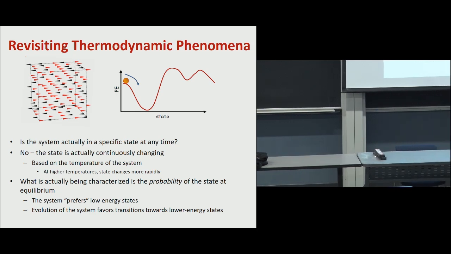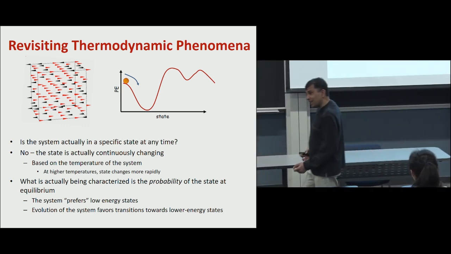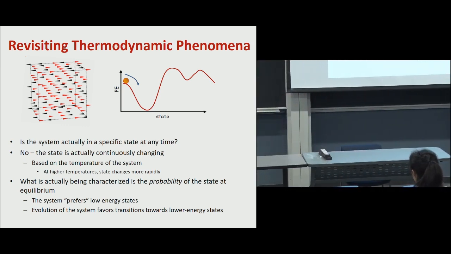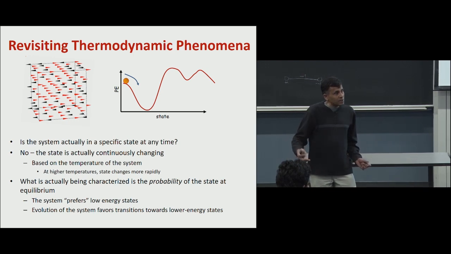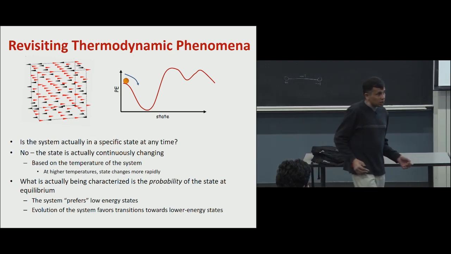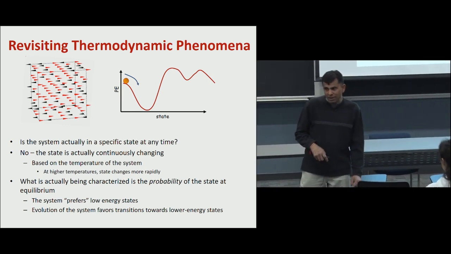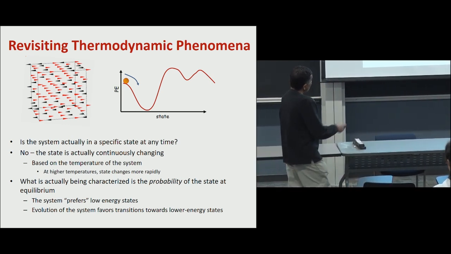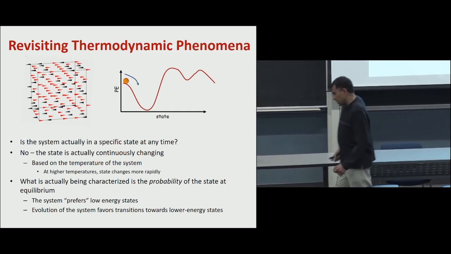It's always changing state. And so what happens is the amount by which the system keeps flipping between states is dependent on the temperature of the system. The higher the temperature of the system, and we know this from your physics, the more you raise the temperature of the system, the more things keep changing. Yet at each temperature there is an equilibrium, right? So what this is characterizing is not the actual energy of the system.